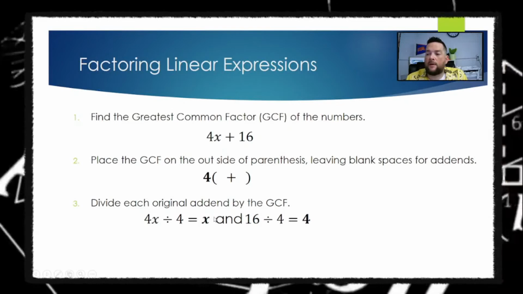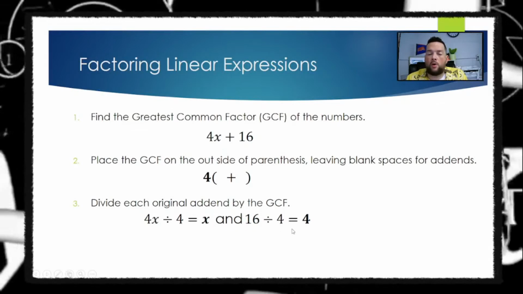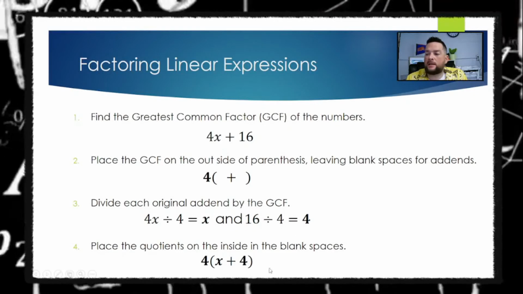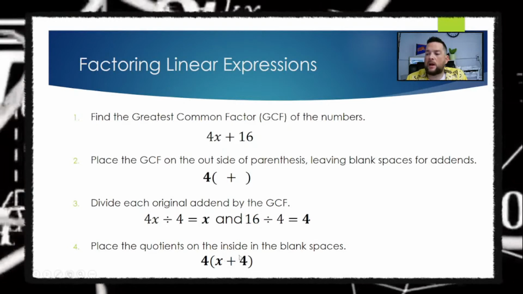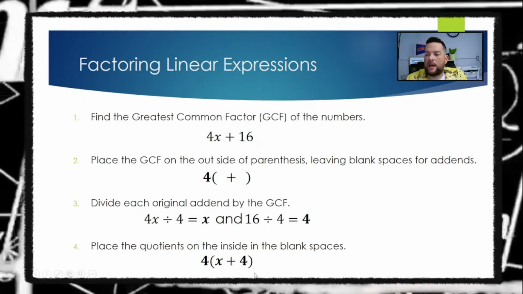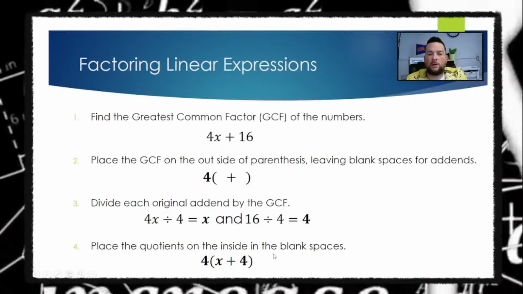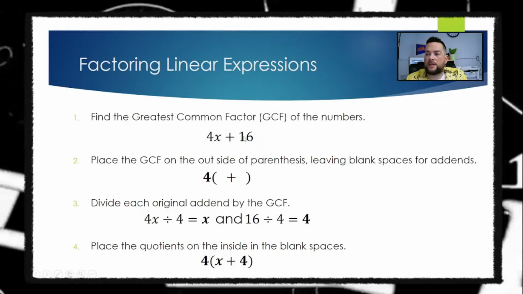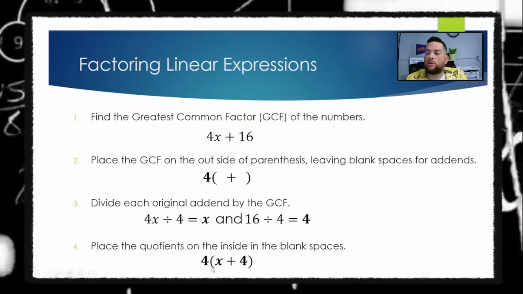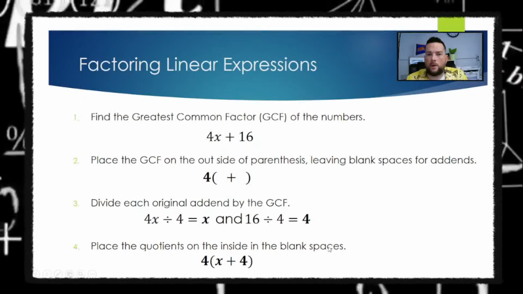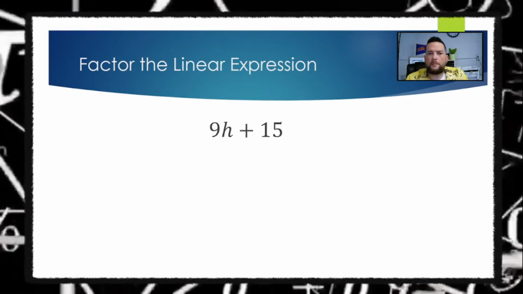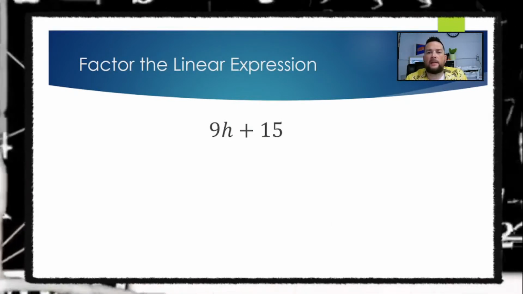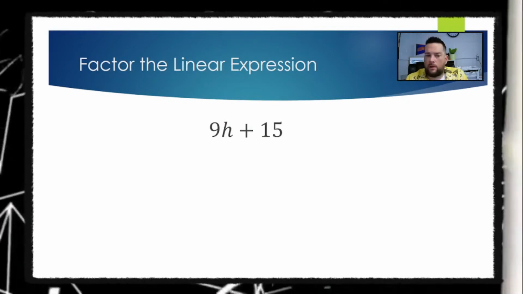So you have quotients of x and 4, and you place those inside the parentheses in the blank spaces on either side of the plus sign, and you have factored your linear expression. So 4x plus 16 factors to 4 times x plus 4. Go ahead and try this next one. Pause the video, try it, and then come back to get the understanding.